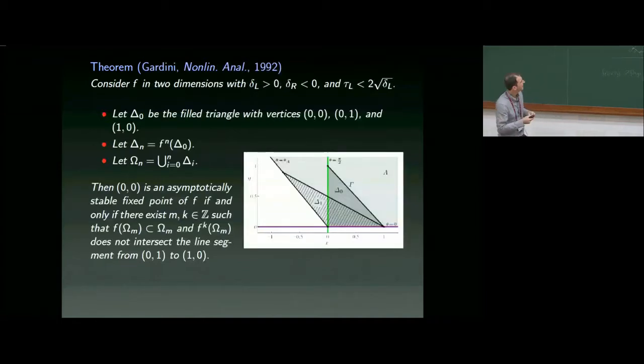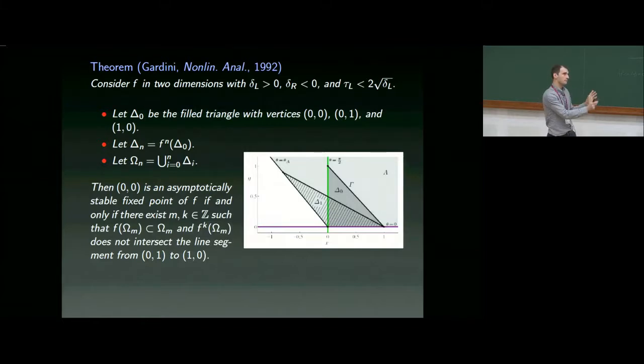So instead, it turns out that there's a very lovely paper from 1992 by Laura Gardini. She is an Italian mathematician working in an economics department, and she did a detailed analysis of a particular mathematical model of macroeconomics, and her model was just a piecewise linear map.